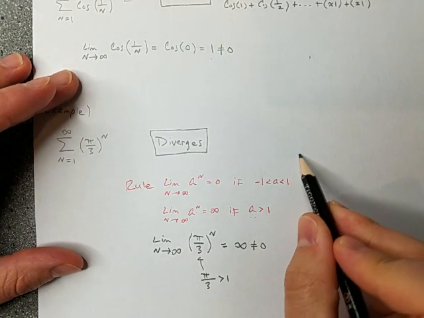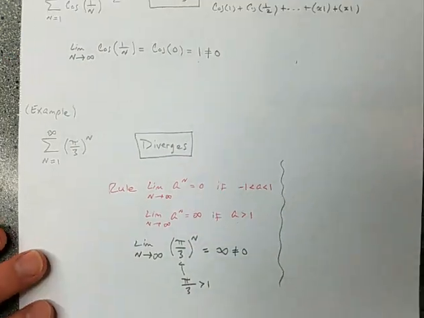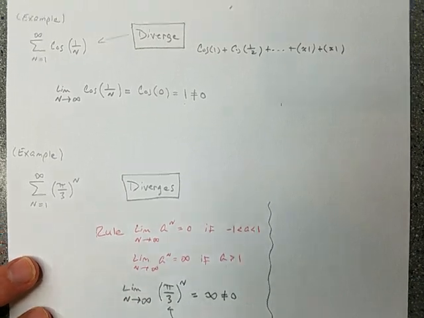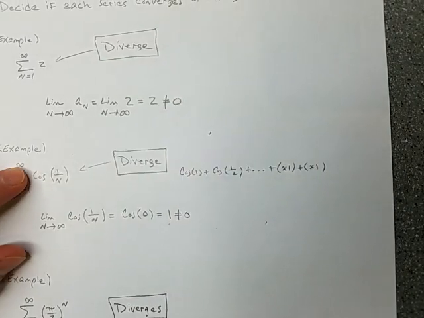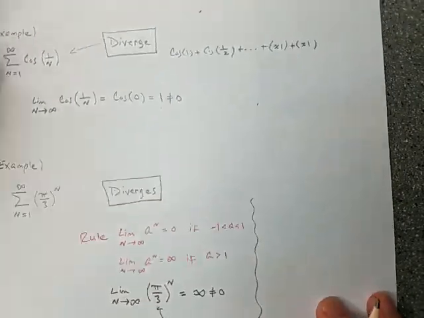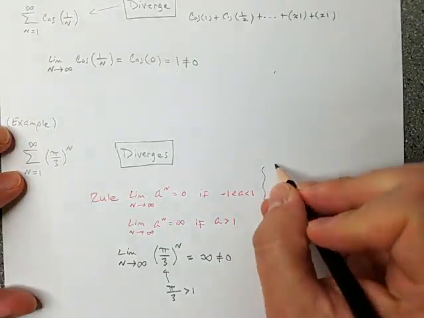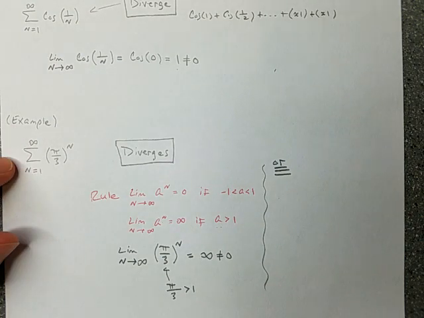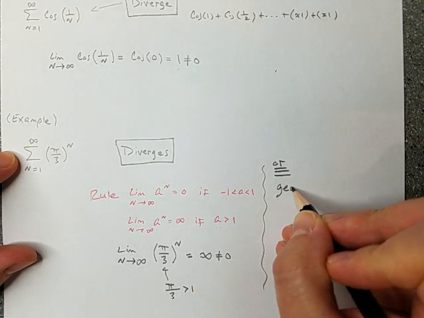Now, as we learn more about series, you'll find that there might be more than one way to look at a problem. We haven't really seen one like this yet, and we haven't seen one like this yet either. But we have seen one like this. Okay? So here's an alternate way to look at this. We have seen a problem of this description. This is a geometric series.